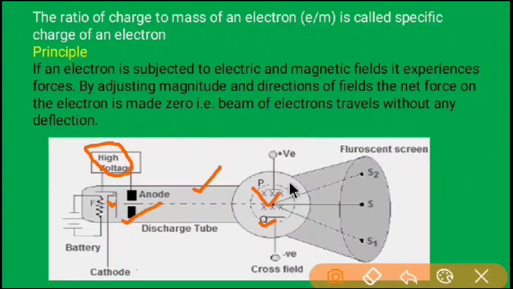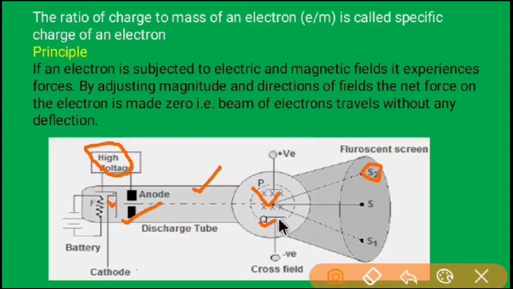Because of this voltage, there is deflection of the charged particle. So this potential difference applied between P and Q is called the deflecting voltage. Since the electron is negatively charged, it will be deflected towards the positive terminal and strikes the fluorescent screen at point S2. That is, only if an electric field is applied.